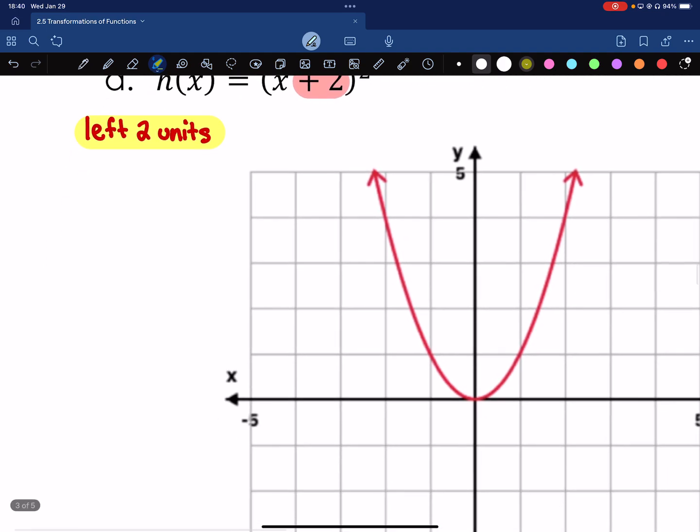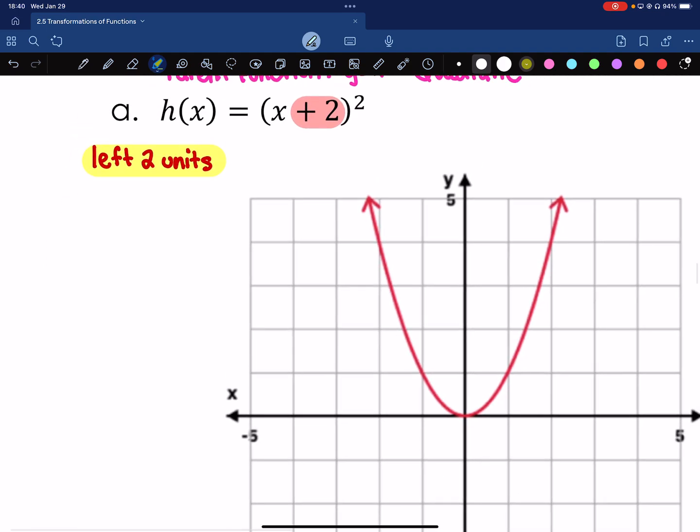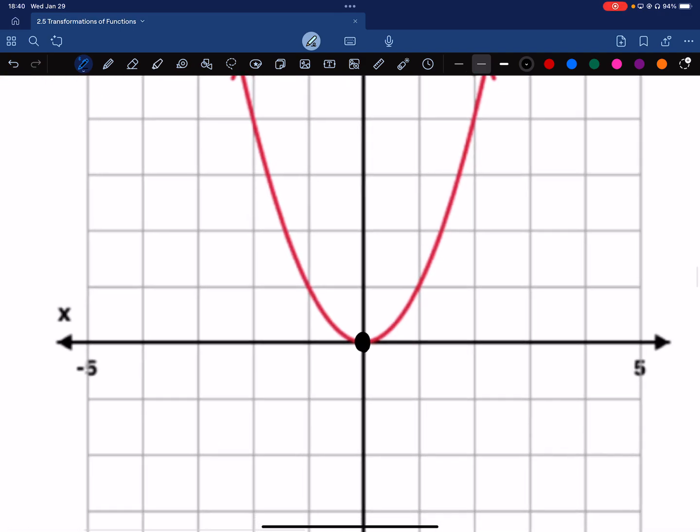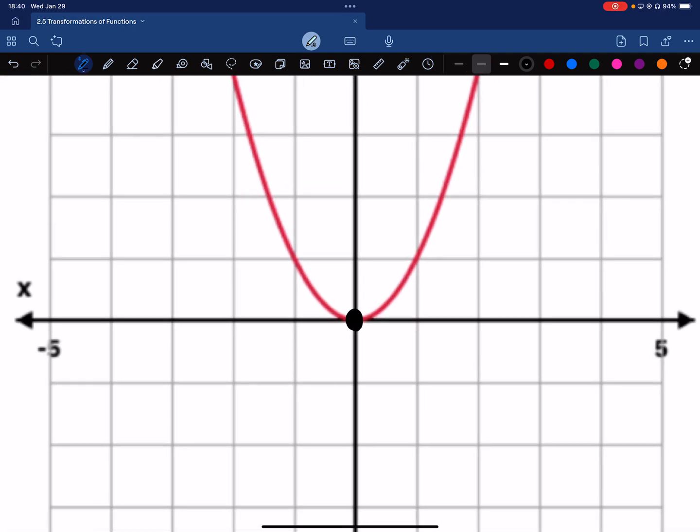So each thing here is going to be moved to the left 2 units. So again, I like to start at this little vertex point. I like to start at the little vertex, and I like to just go over 2 units, left 2, to get my new point.